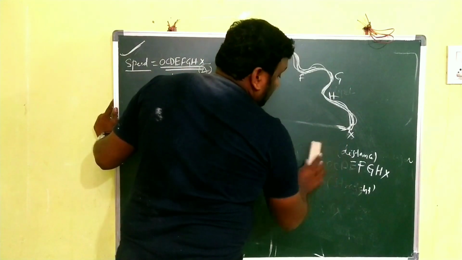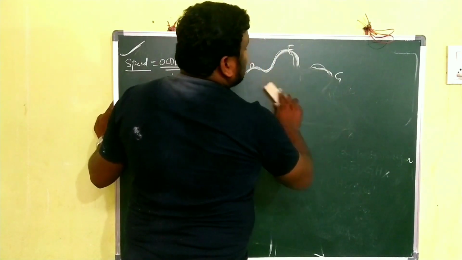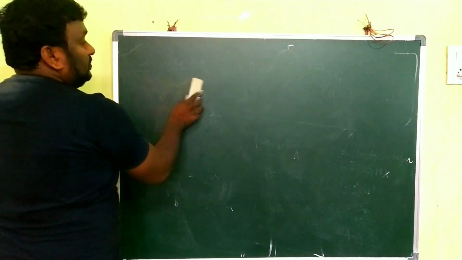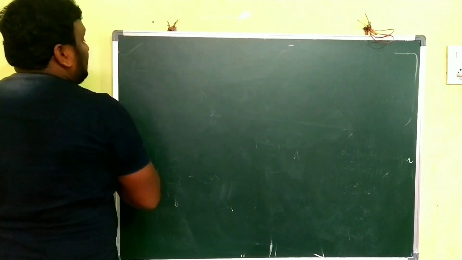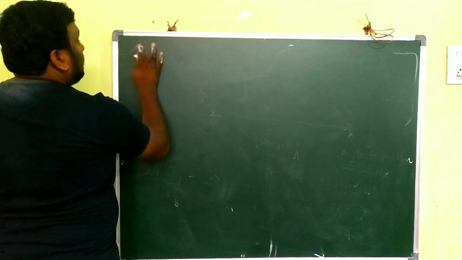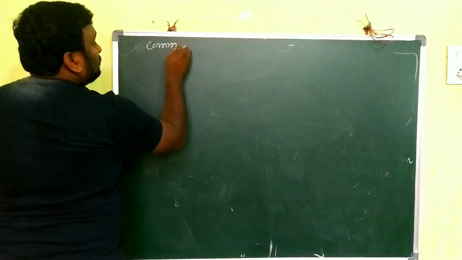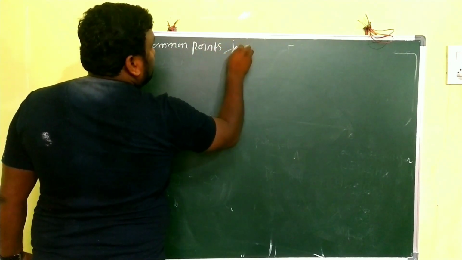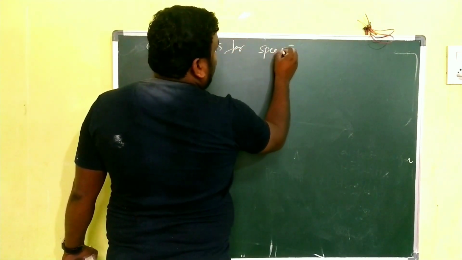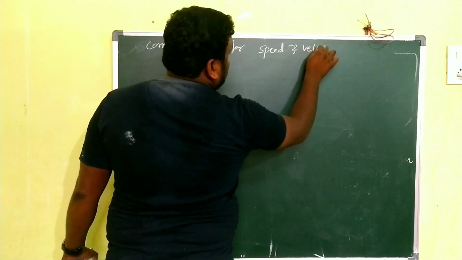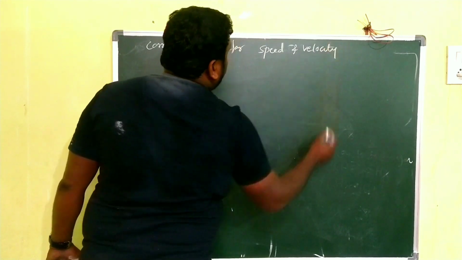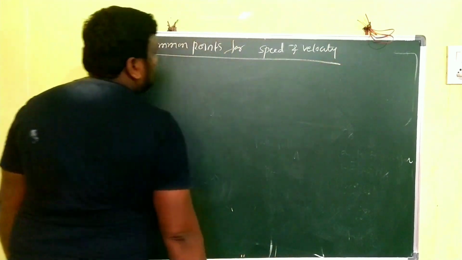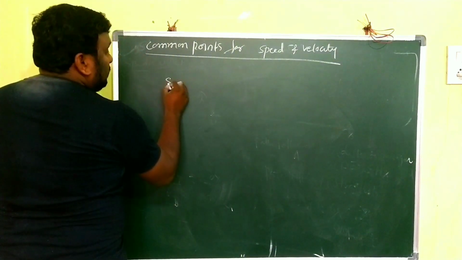Okay now children, but there are some similarities. Common points for speed and velocity. Children, what did I write?